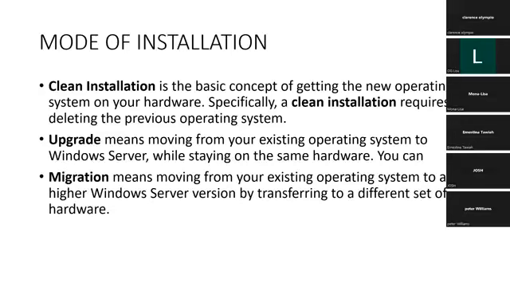Migration means that your current system does not meet the requirements for the new operating system. So you buy a new system, do the installation on it, then you transfer your files and services from the old system to the new system. That is migration. Any question?